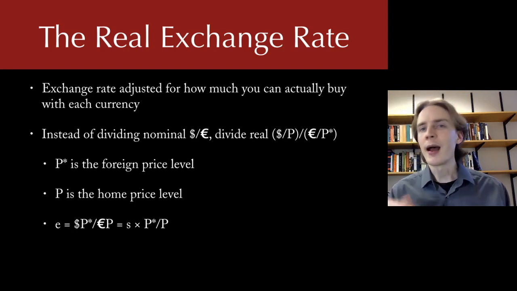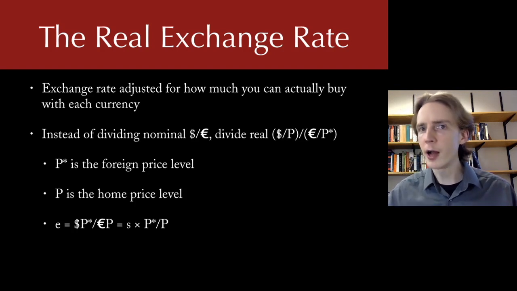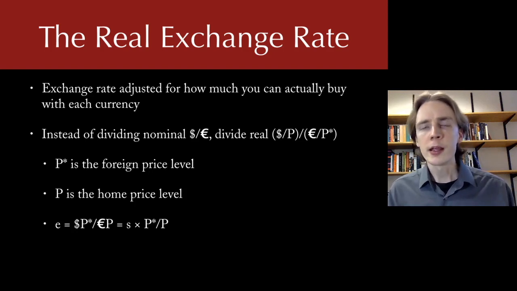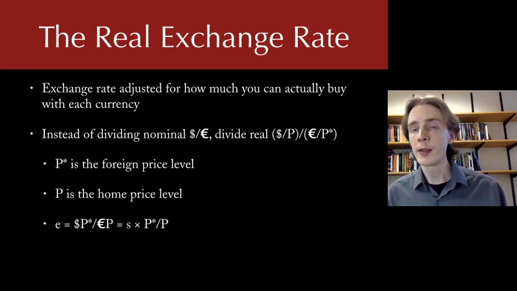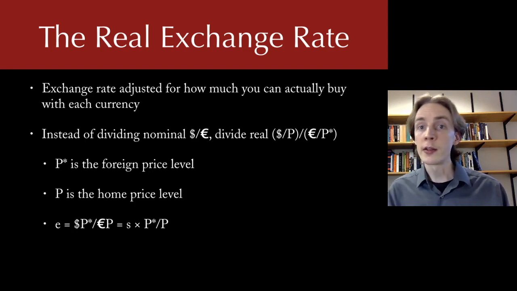Now, how do you keep track of whether you have the foreign price level in the numerator or the denominator and which goes where? Right, the way you keep track of that is from this first formula up there. You're going to be keeping track of real dollars divided by real euros. And then that's going to simplify to this formula you sometimes see elsewhere down here.